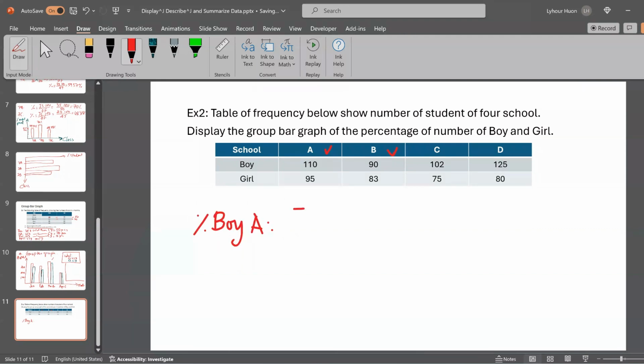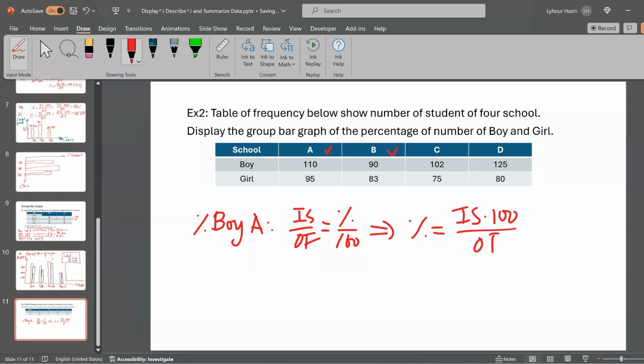We turn that into is times 100 divided by of. So this is the original formula, but what we want to know is the percentage. So percentage will be equal to is times 100 divided by of. Now, what is and what is of?